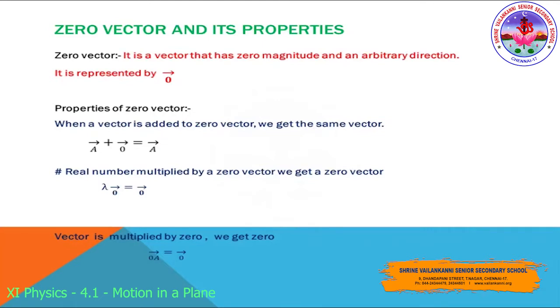If the zero vector is multiplied by a real number, it will come as zero vector, so lambda times 0 vector is equal to 0 vector. When a vector is multiplied by 0, we get 0, so 0 times any vector is equal to 0.